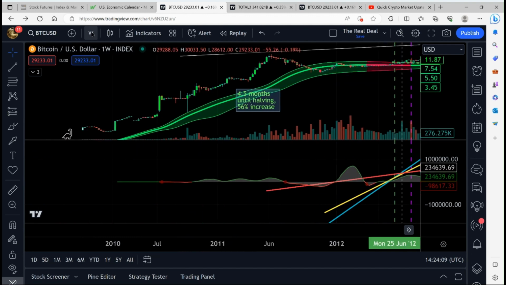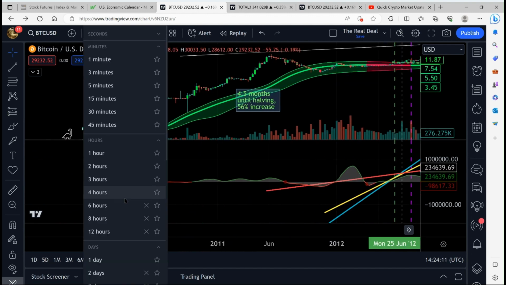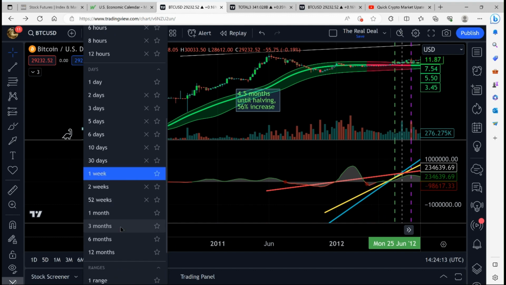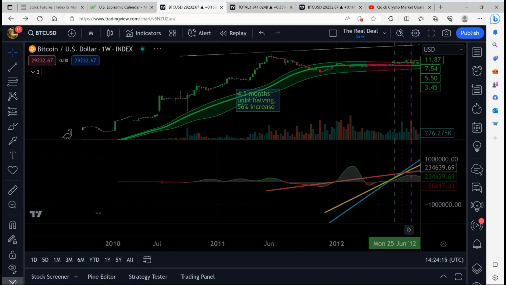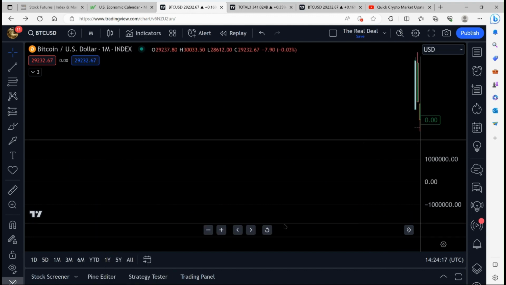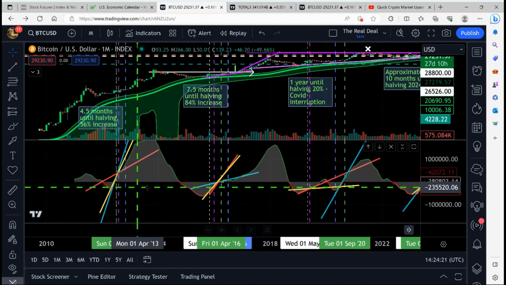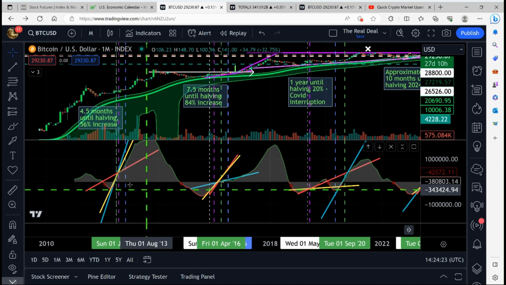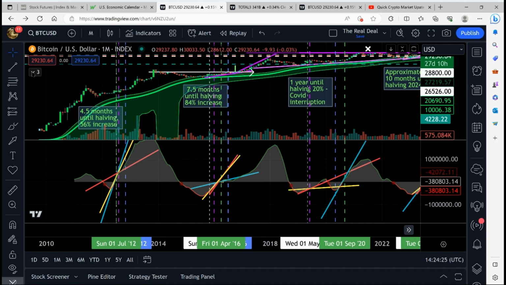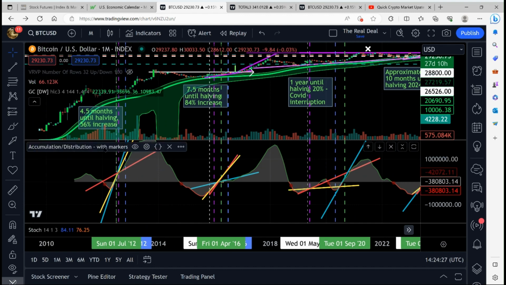Now let me move to a monthly time frame, and I'll show you what the green lines are. I have this accumulation distribution with markers.